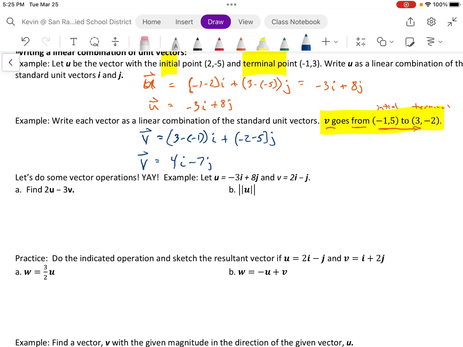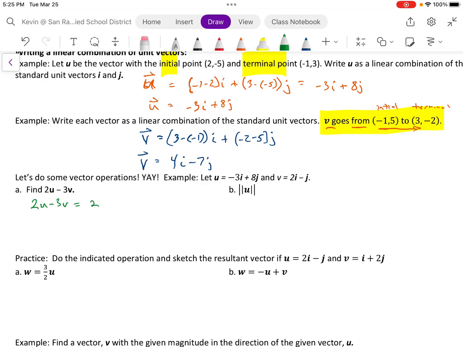Okay, let's do some other vector operations. This is the same thing we did with vectors in component form; we can do it when they're written as linear combinations. So 2u minus 3v.